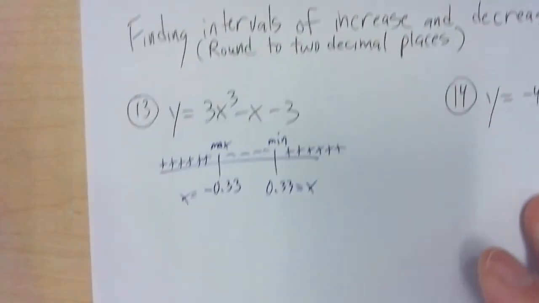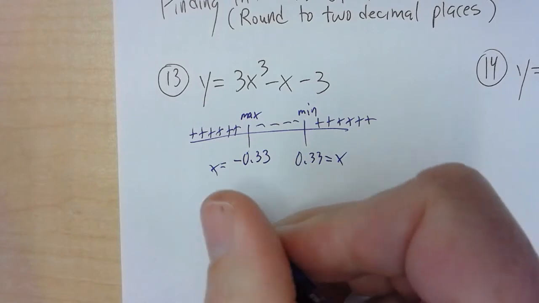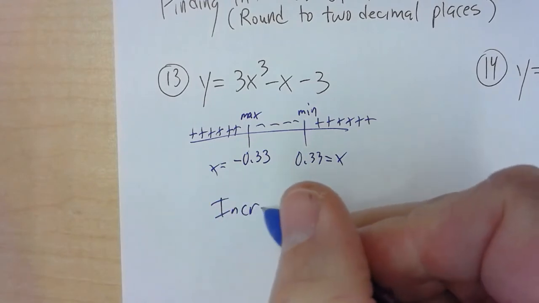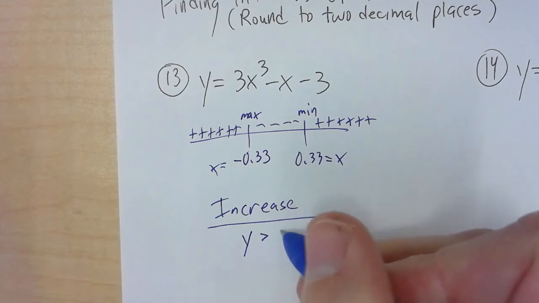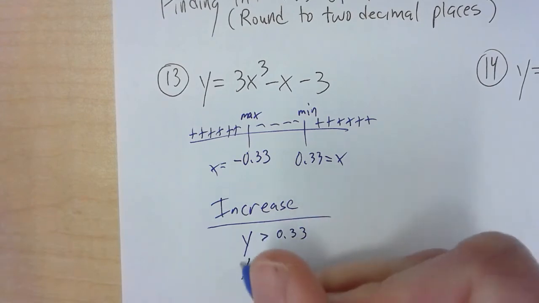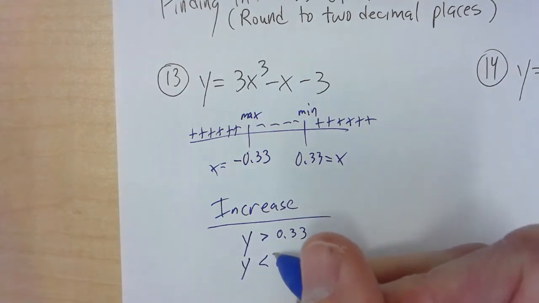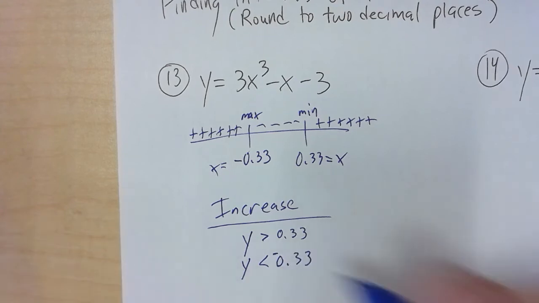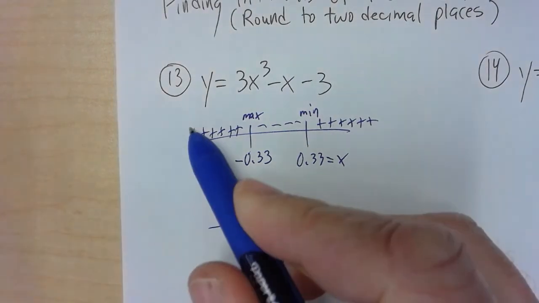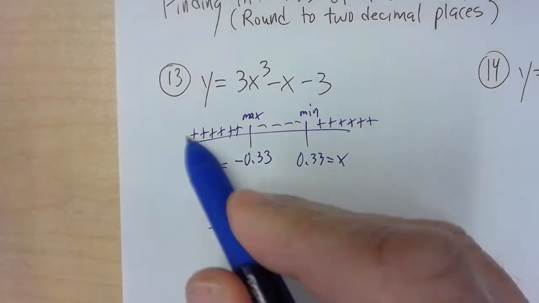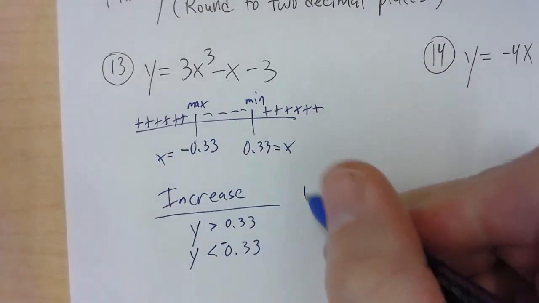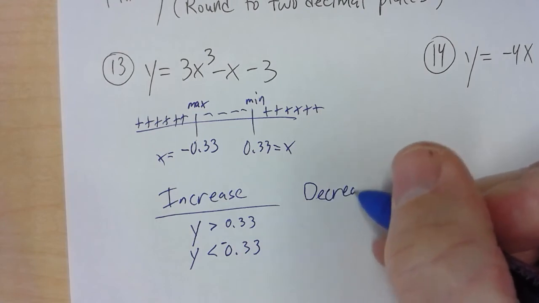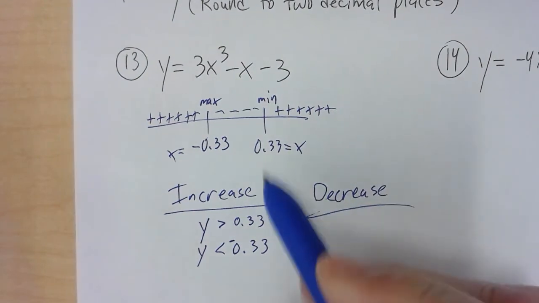All right, so here's how we write this. Increase is x is greater than 0.33. X is less than negative 0.33. All right, so it's decreasing, or excuse me, increasing on the outsides. And then in the middle, it's decreasing. So we write decrease. And how we do that is a compound inequality.